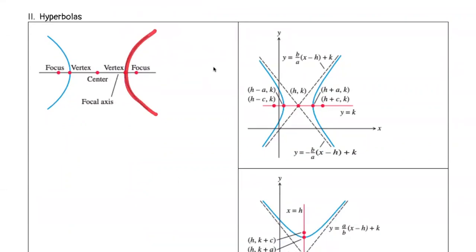One from one of the cones, one from the other cone. And some of the words here should be familiar to us. We've still got a center. We've still got vertices. And we still have foci.